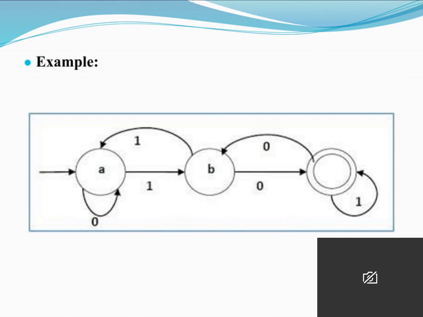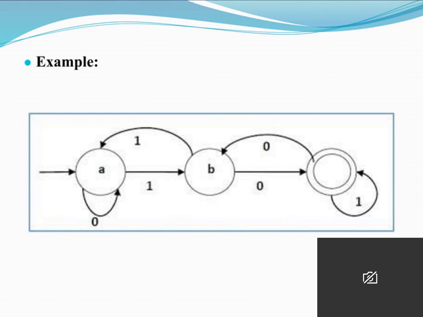From state A, if we give the input 0, it goes again to the same state A. If we give the input 1 from state A, it moves on to the next state, that is B. So for 0 and 1, considering state A, it moves to two states, one is the same state and the other is state B. From state B, when you give the input 0, it moves on to the final state. When you give the input 1 from state B, it moves on to state A.